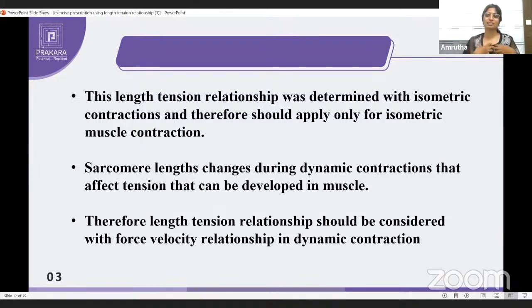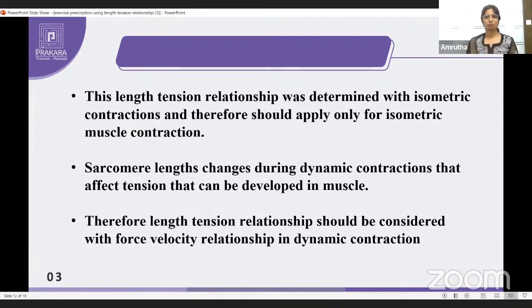So me telling exercise prescription using only length tension relationship is not correct, because there are other factors to be considered, but for force production only there are 3 different factors. If everything goes well and good, maybe we'll have another webinar where I can go for an exercise prescription series on and on. This length tension relationship is determined completely for isometric contraction.